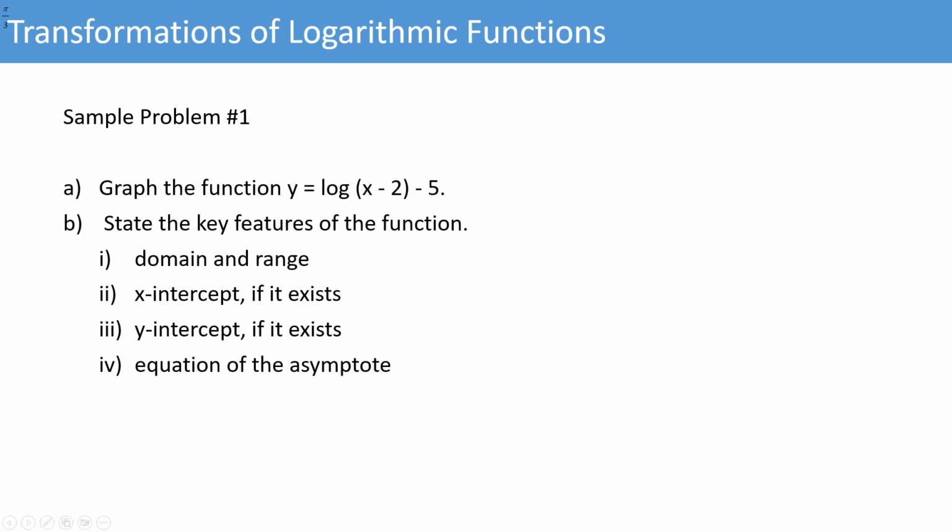To do that, we'll do this sample problem. Graph the function y equals log(x - 2) - 5. State the key features of the function, the domain and range, the x-intercept if it exists, the y-intercept if it exists, and the equation of the asymptote.